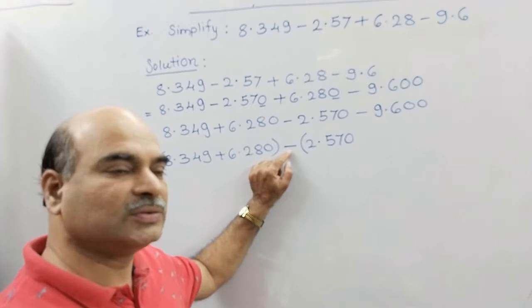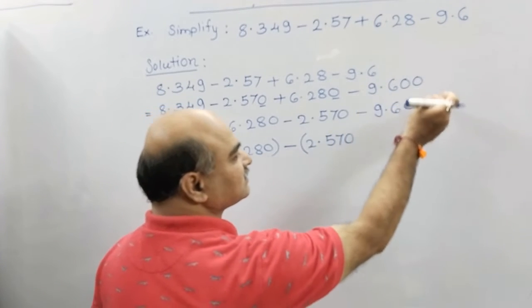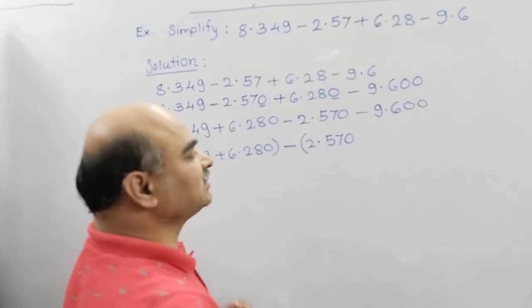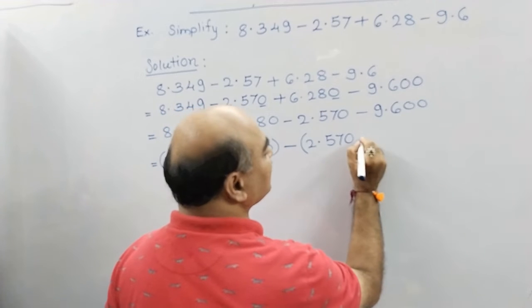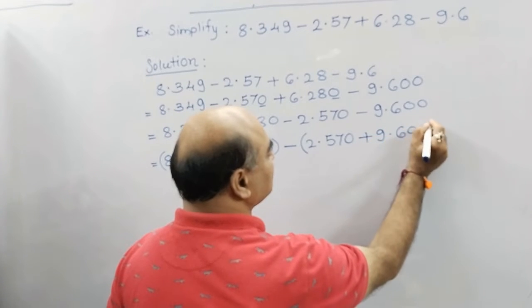In this condition, the signs inside become opposite. It means that a negative number would now become positive. This is the rule.